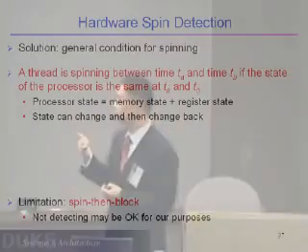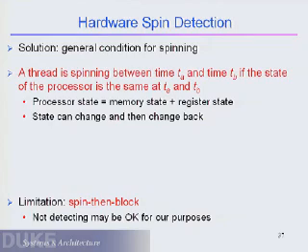We use this condition to detect spinning, and we have demonstrated that we were able to detect a lot of spinning. However, this approach does have a limitation. If we consider a spin-then-block implementation at the software level, usually what happens is in every iteration of the spin loop, people just increment a counter. After the counter exceeds a certain value, the thread just blocks.